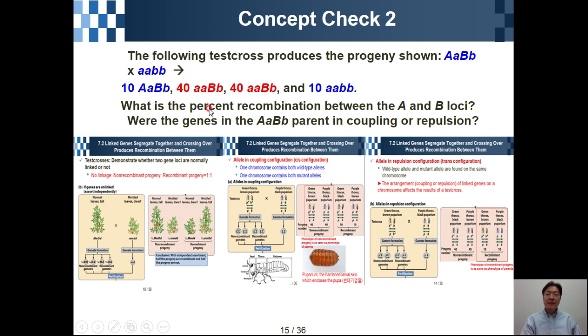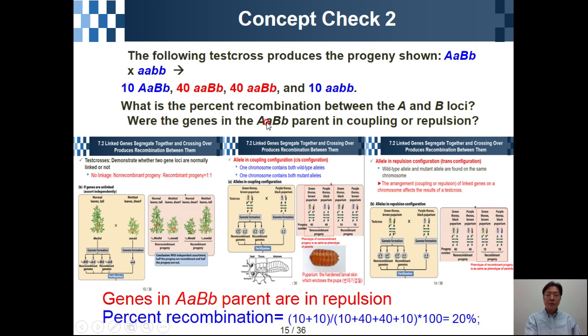So what is the percent recombination between A and B? This is a non-recombinant progeny, and this is non-recombinant progeny. So the percent recombination is 10 plus 10 over 10 plus 40 plus 40 plus 10, which means the recombination frequency is 20%.